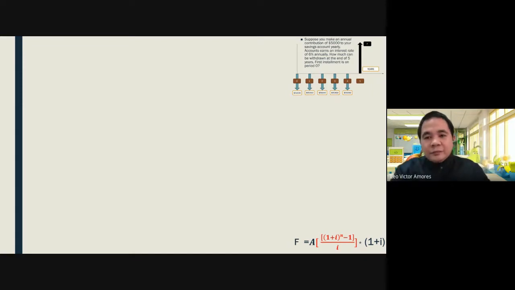Basically, I can solve it using only the ordinary annuity, but to properly teach you how to solve, I'll solve it using the annuity due equation. So F is equal to A, which is 5,000.